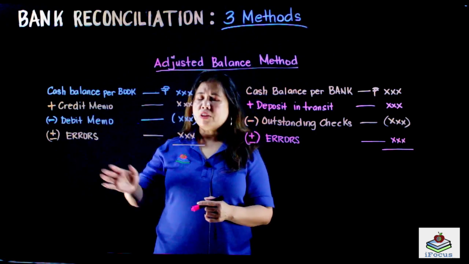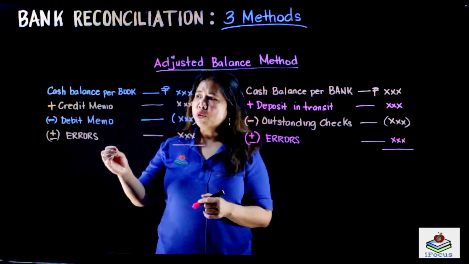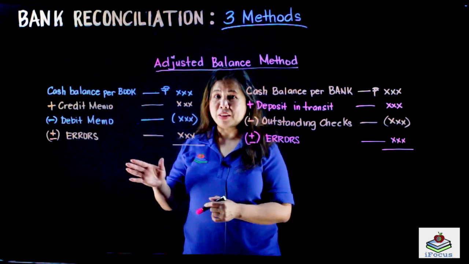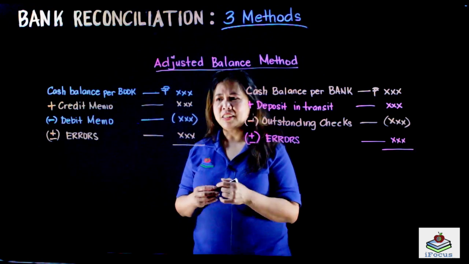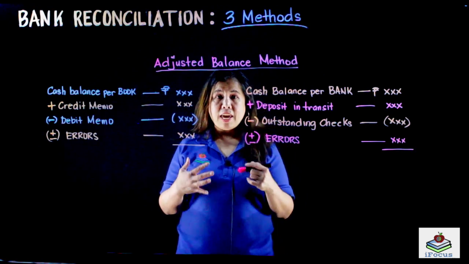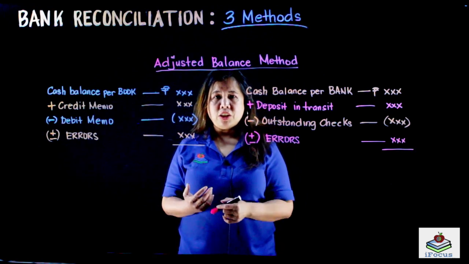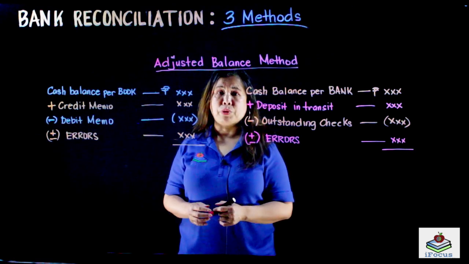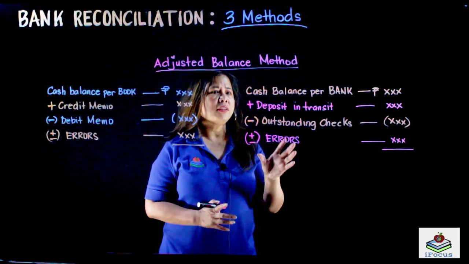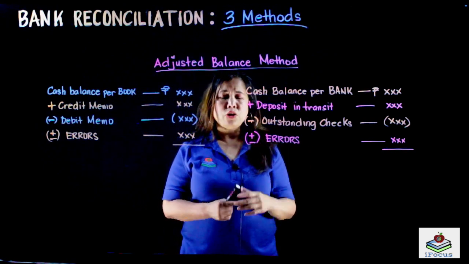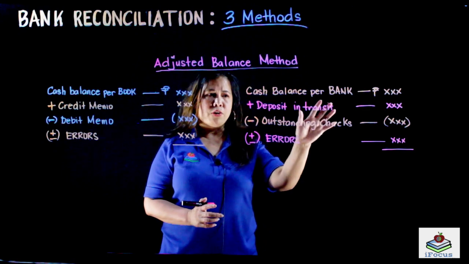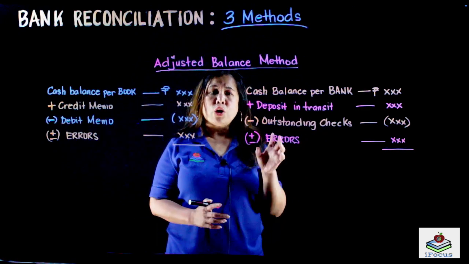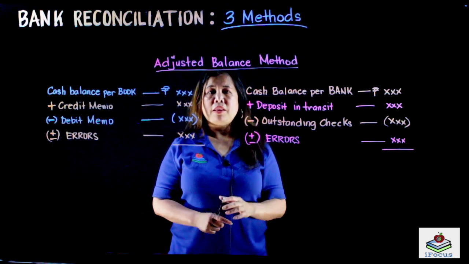So, on the errors, it's either an addition to the cash balance per bank or a minus on cash balance per book. So, i-analyze natin yan, error na yan, on a case-to-case basis. So it's either gonna be addition or subtractions to the cash balance per book. Ganito din naman sa cash balance per bank. So yung errors na nakumit ng bangko, it's either additions to the cash balance per bank or a minus to the cash balance per bank.